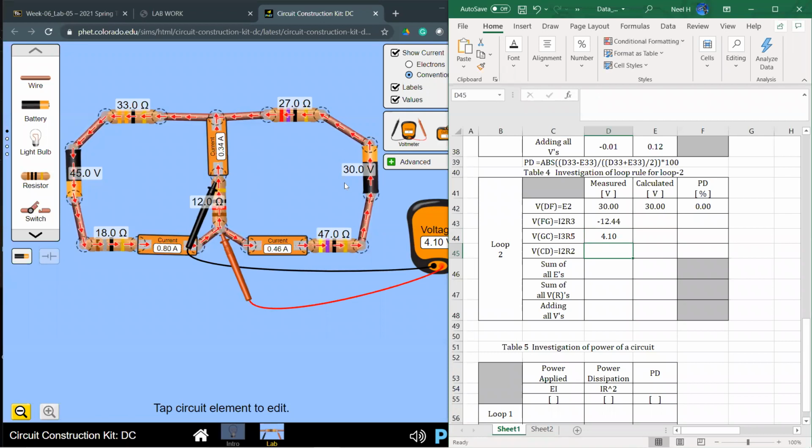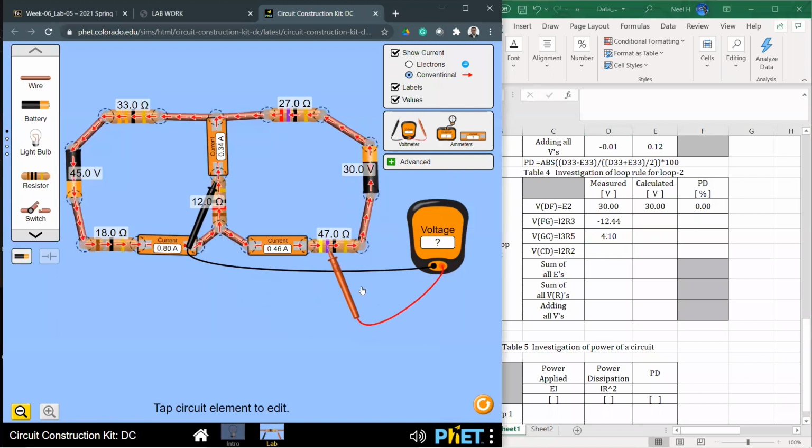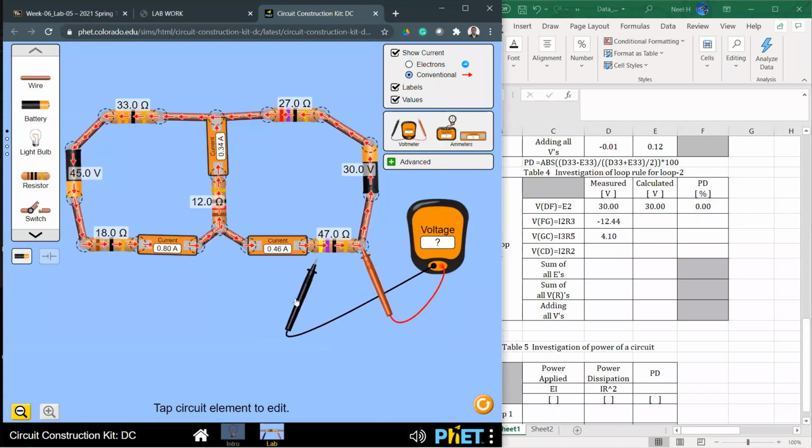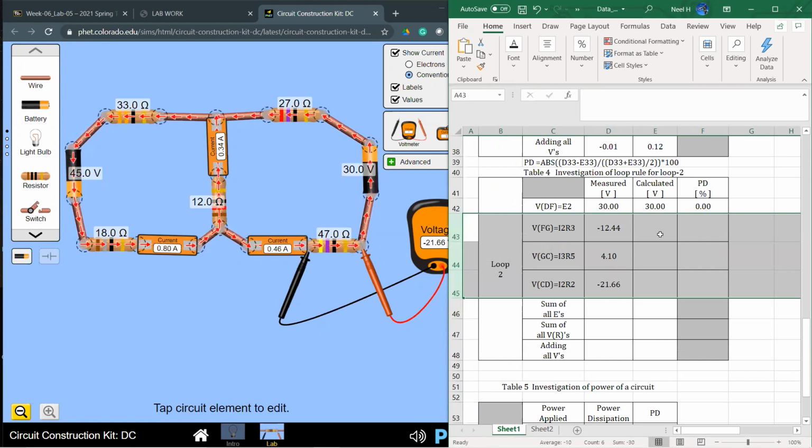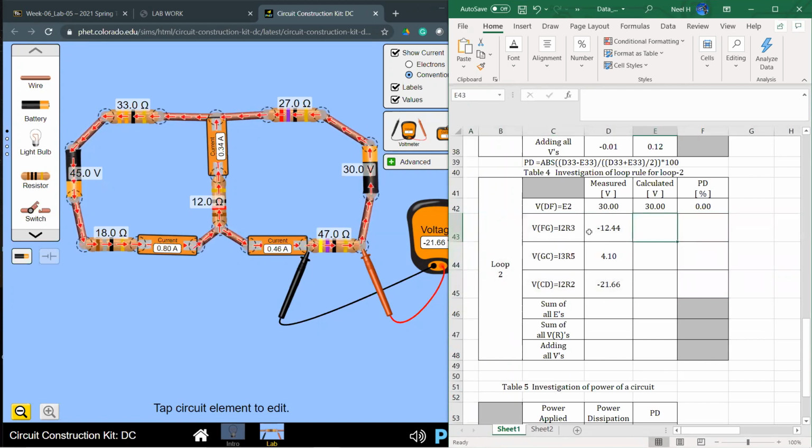Okay, question. Then that's it. Then we'll follow the path. We'll measure the voltage across the next resistor on our right hand loop, negative 21.66. We can calculate all of those like we did earlier by using Ohm's law, right?